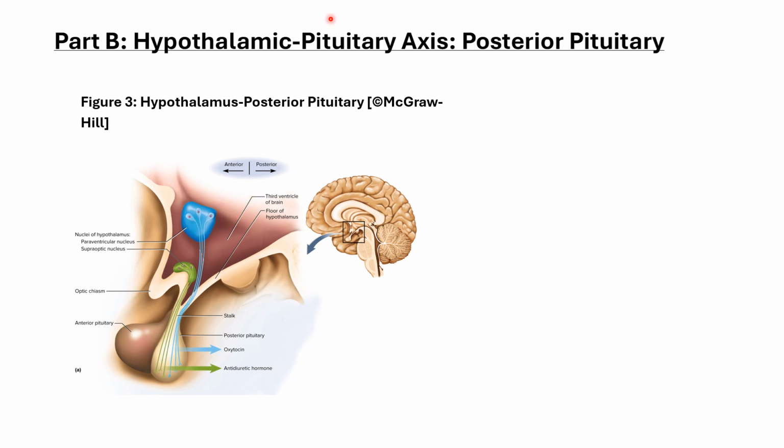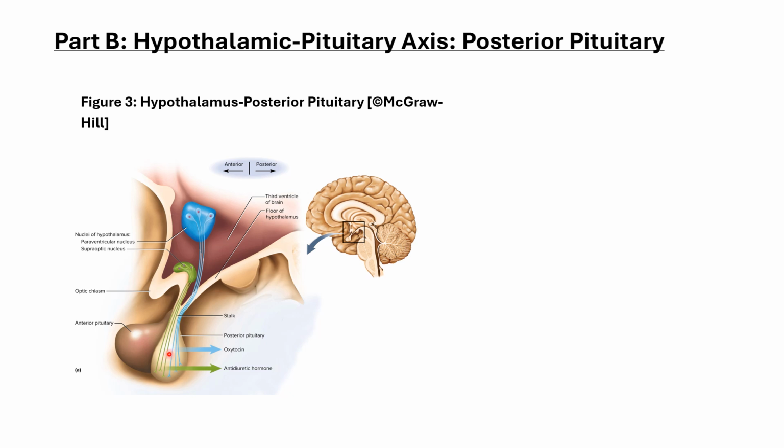The hormones are prepared in the paraventricular and the supraoptic nuclei of the hypothalamus, and as you can see, the axons of these neurons come directly into the posterior pituitary through the infundibulum. So these hormones which are prepared here and here come to the posterior pituitary and are then stored in the posterior pituitary.